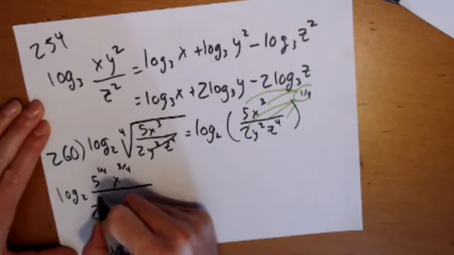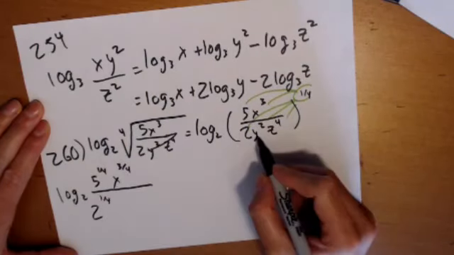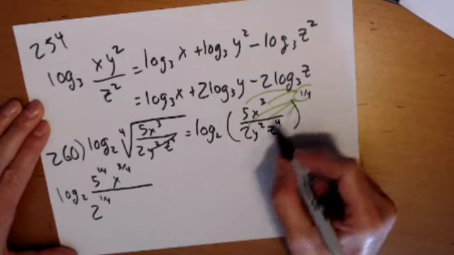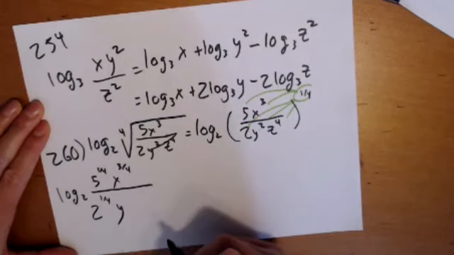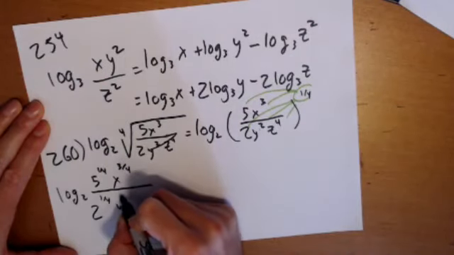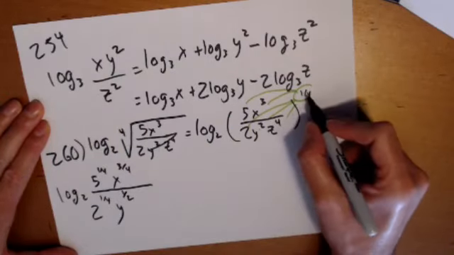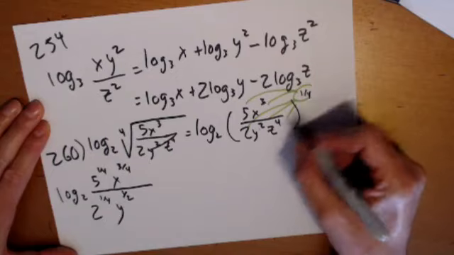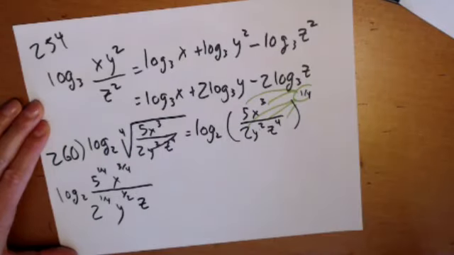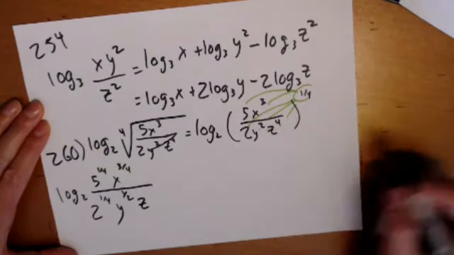Downstairs, 2 to the 1/4, y squared, 2 times 1/4, 2/4, reduces to 1/2. z to the 4 times 1/4, 4/4, which is 1. So I'm just multiplying each exponent times that 1/4.